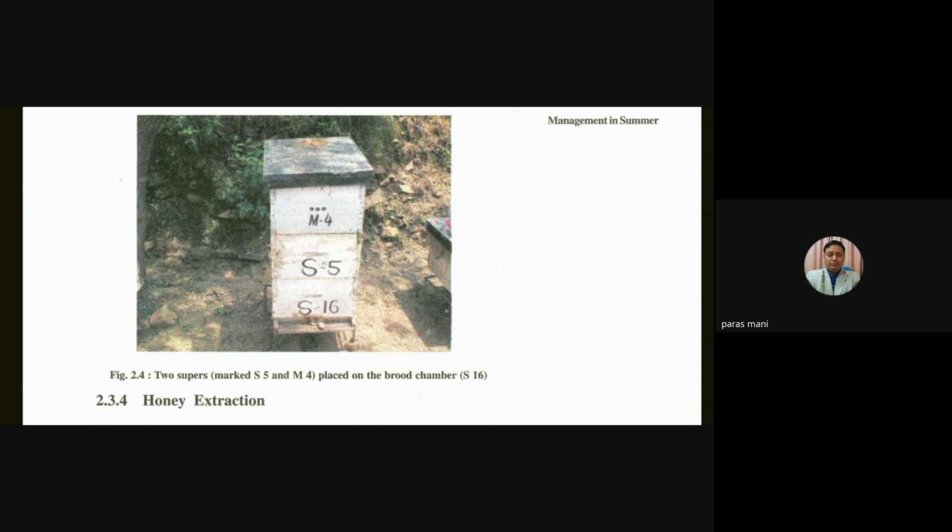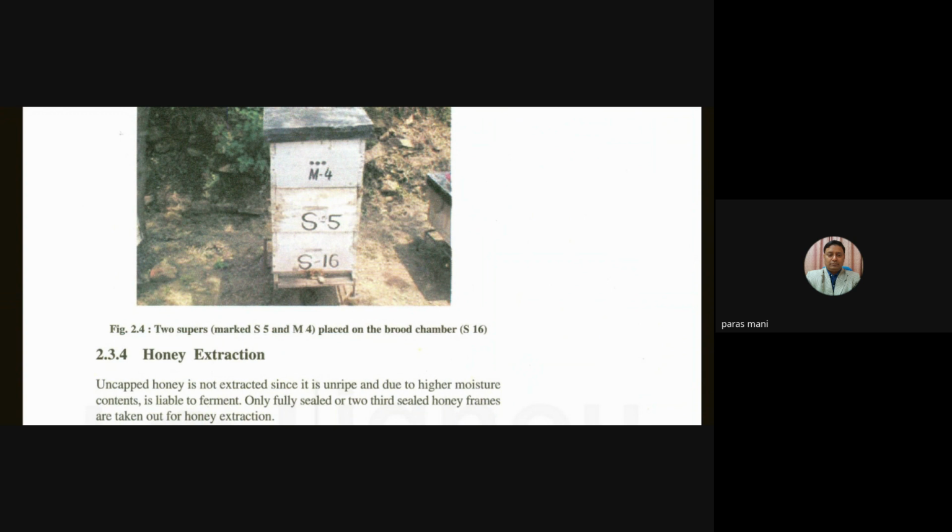And after placing the nectar, the worker bees continuously fan it to provide more ventilation, and escape of moisture takes place, and the moisture content in the nectar is reduced and it is converted to honey. That honey in the case of Apis dorsata will be around 21 to 22% moisture content.